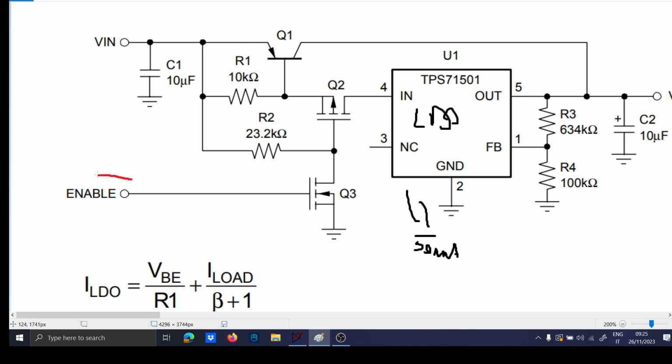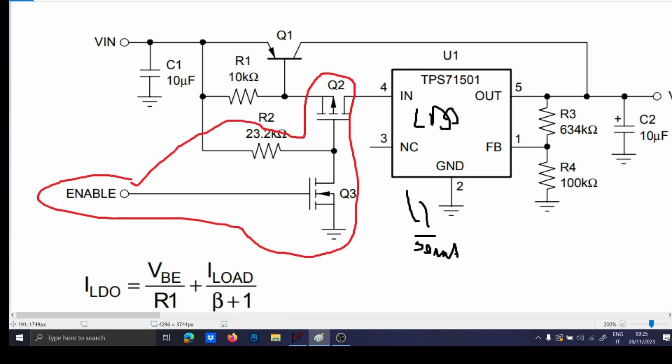So basically, this net here is called a pass transistor net, and it enables and disables the input of the LDO. Basically, this PMOS Q2 must be high enough to sustain the input current that you want to feed.